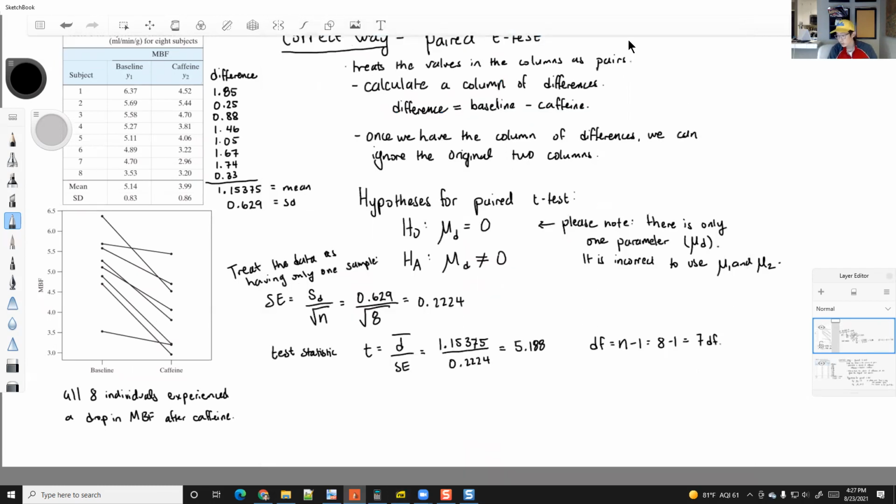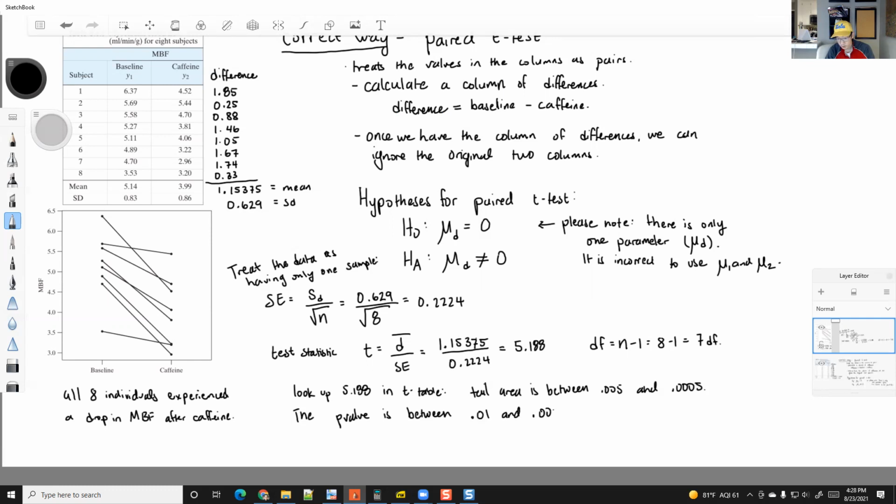So our tail area is between 0.005 and 0.0005. And so this means the p-value is between 0.01 and 0.001.